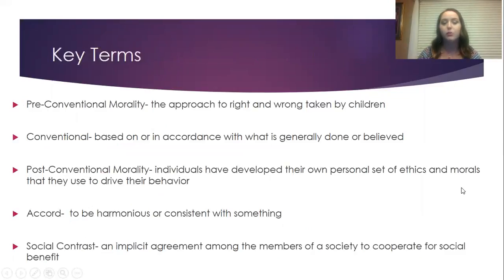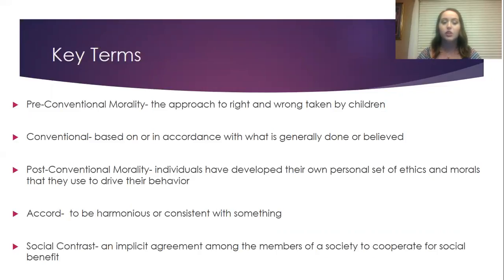Some key terms you really want to know before looking at the moral development theory: pre-conventional morality, which is the approach to right and wrong that's taken by children. Conventional morality, which is based on or in accordance with what is generally done or believed.